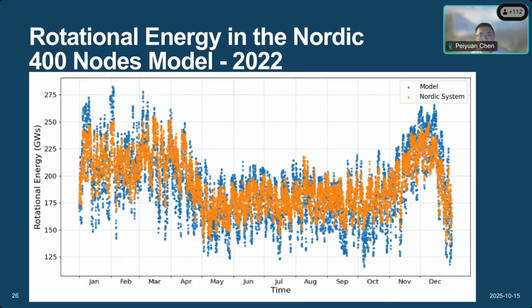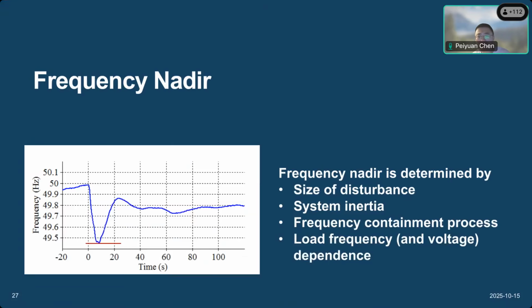Then the next step is trying to capture, for example, such a frequency event. The frequency nadir is one important measure for us to capture in such a model, because if the frequency goes below a certain value, we will start load shedding in the system. So that is something we want to avoid.